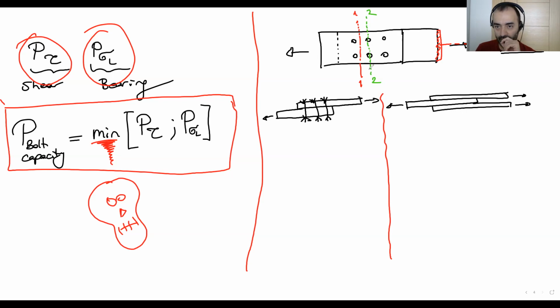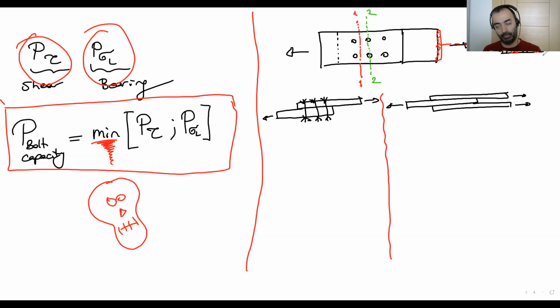When you cut through the bolt holes, you are going to see two bolt holes on the section. That means these red areas are missing, and only the black area works for the axial force. So the area is getting smaller.